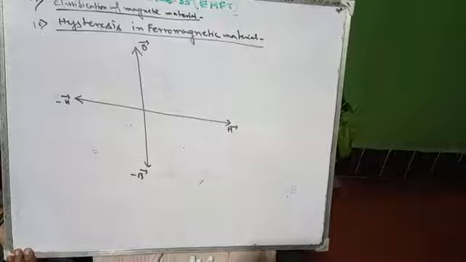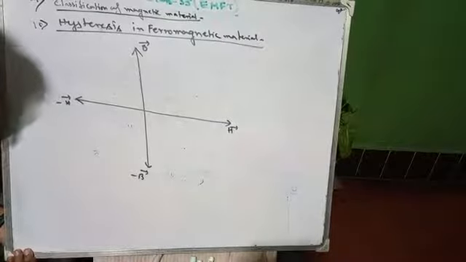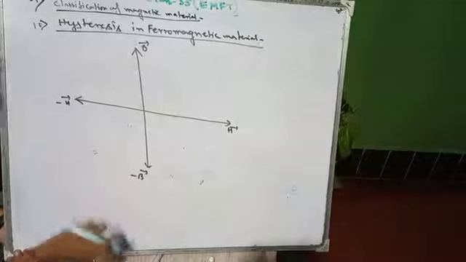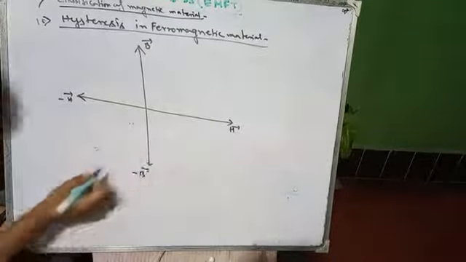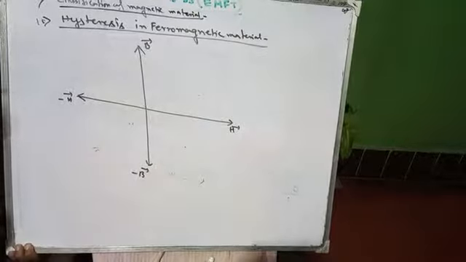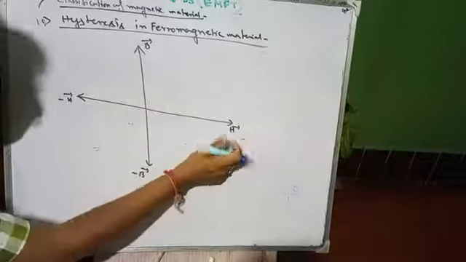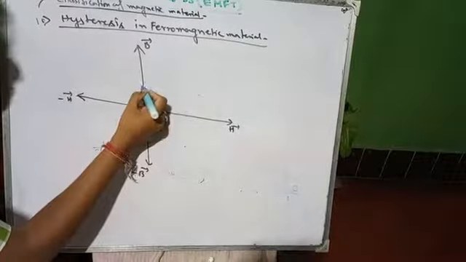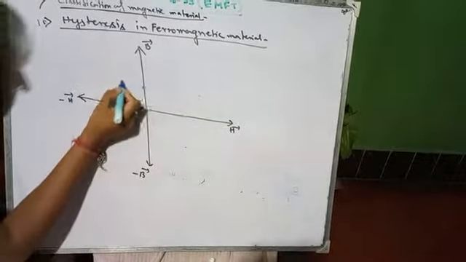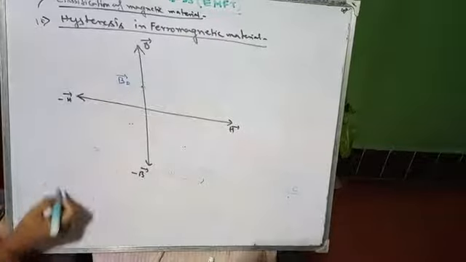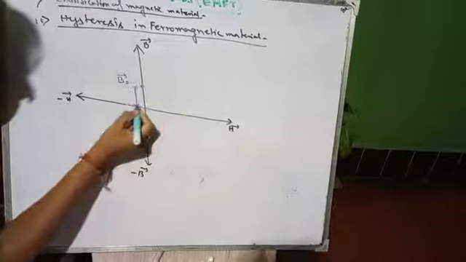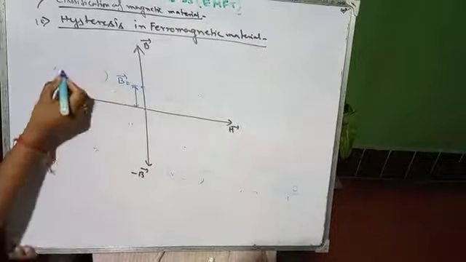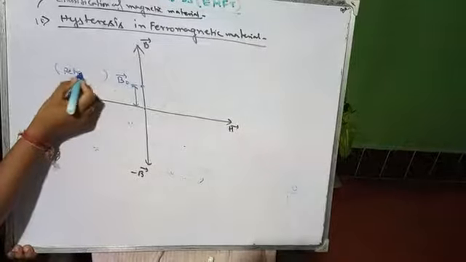For a ferromagnetic material, when no external force is applied, that is when H equals 0, at this point there is still some magnetism, so B naught is present inside the material. This amount of magnetic flux density is called retentivity.